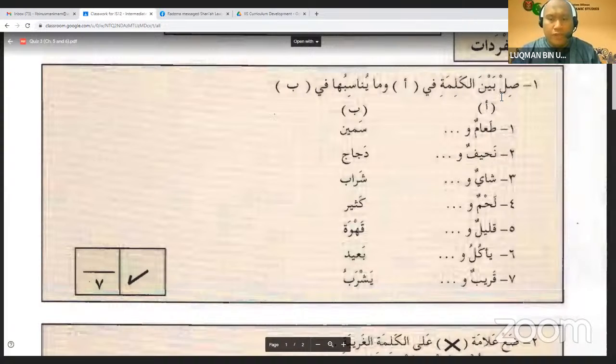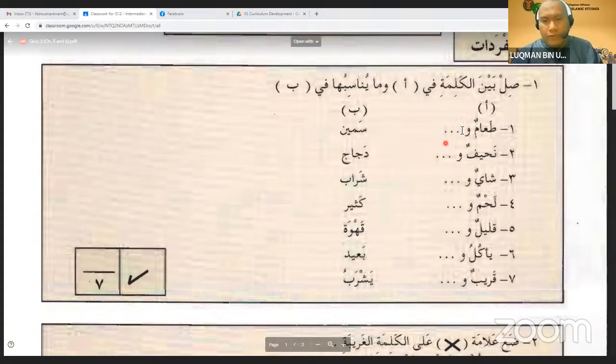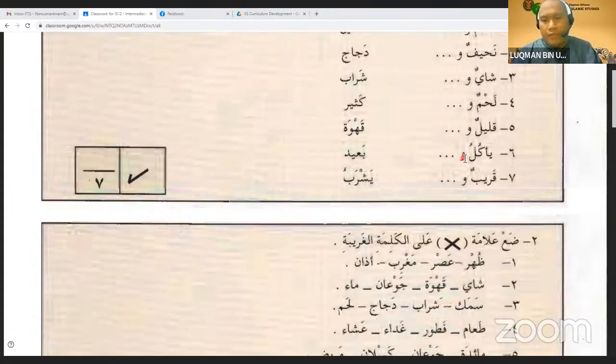Test 1: match between the word in the alif column to what is appropriate in the ba column. So this is a simple matching type. You just connect it using a line.